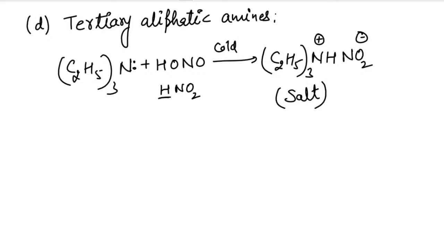So, first of all we get this salt. Say in primary amine there are 2 hydrogens, so one of the oxygen goes with that. And in case of secondary we have 1 hydrogen, so OH will go with this.